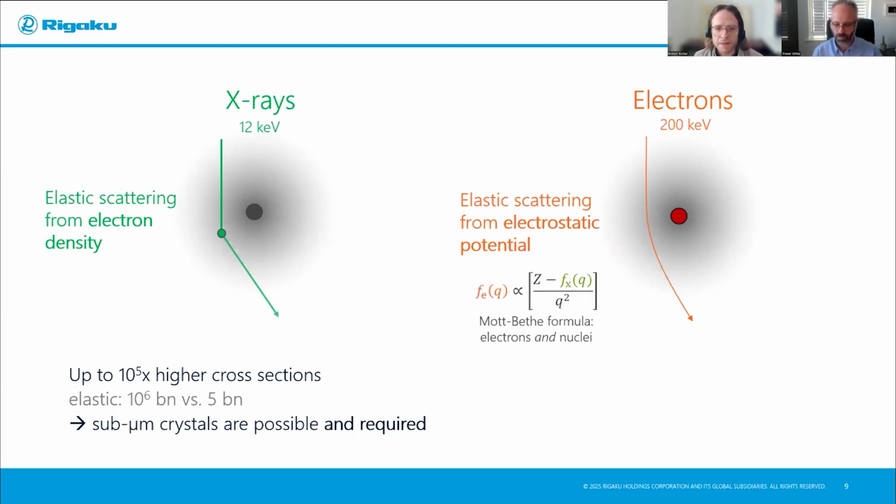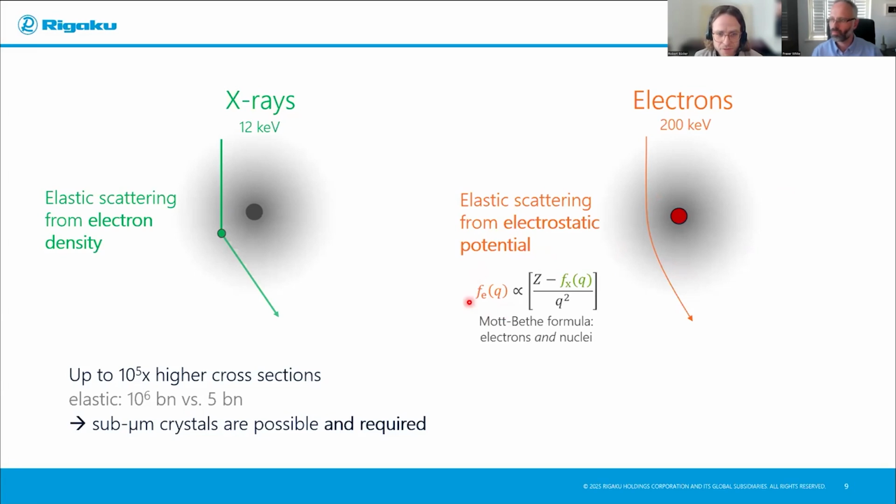And another detail that you can derive from this is that this electrostatic potential is sensitive not only to the electron shell around the nucleus, but also to the nucleus itself. And this is the formula for the atomic form factor if you do electron diffraction.